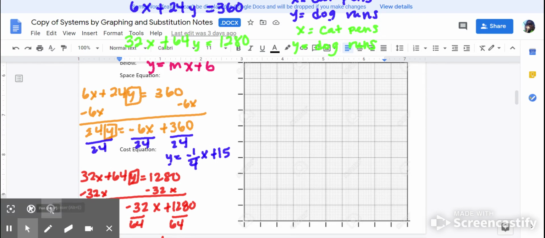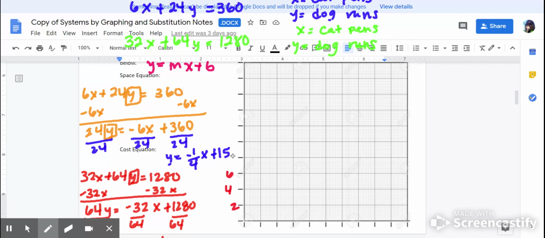So this will be 2, 4, 6, 8, 10, 12, 14, 16, 18, and 20. And then for my x values, 1, 2, 3, 4, 5, 6, 7, 8, 9, and 10.